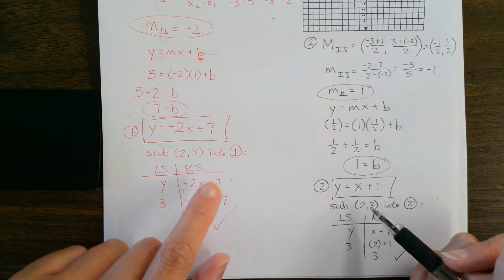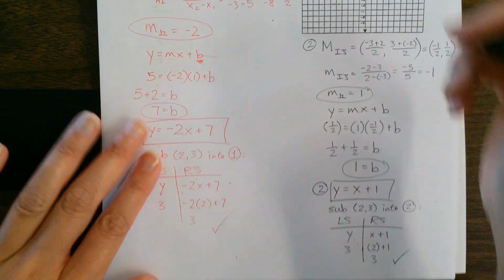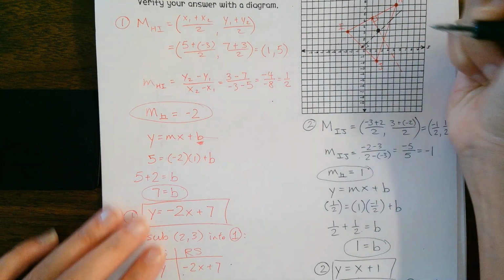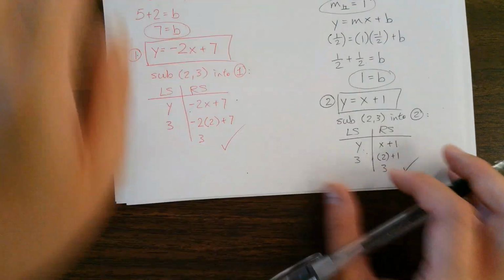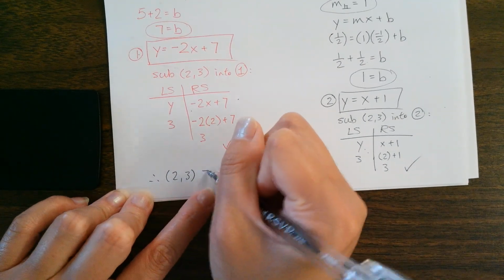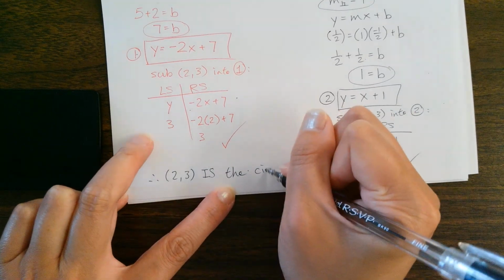And if the point is on both lines, then it means it's the intersection point. So (2, 3), right here. And therefore, (2, 3) is the circumcenter.